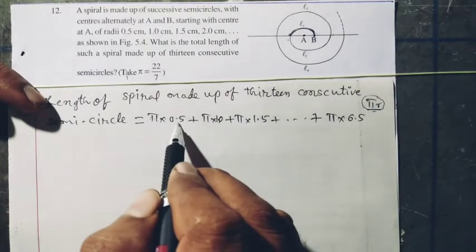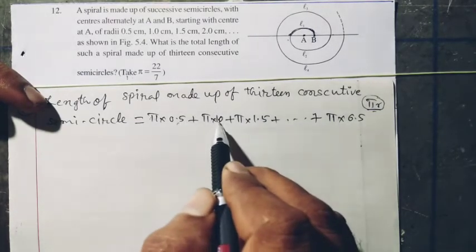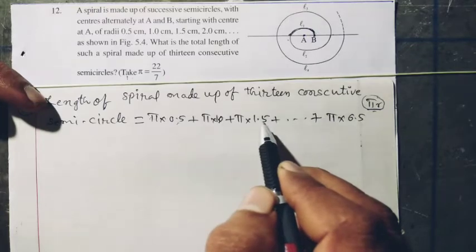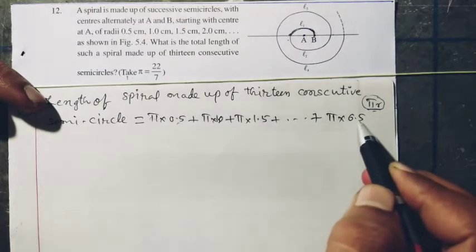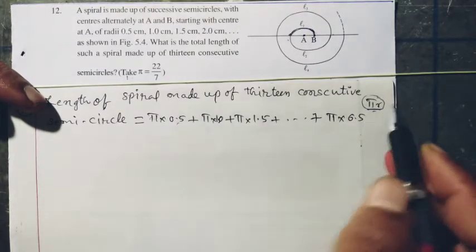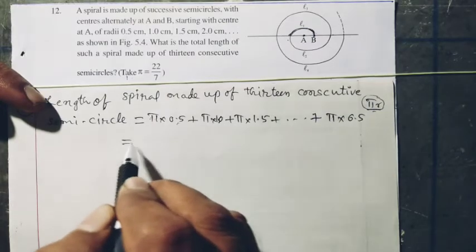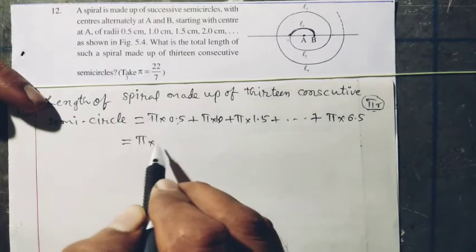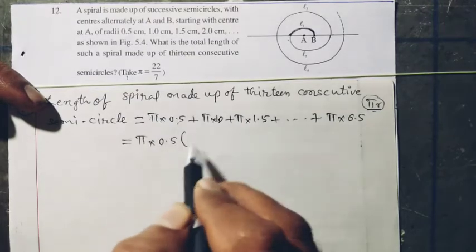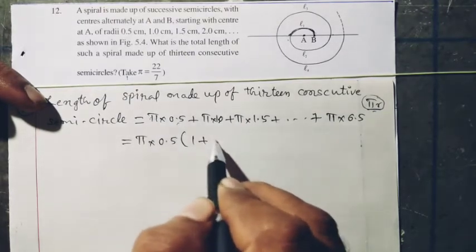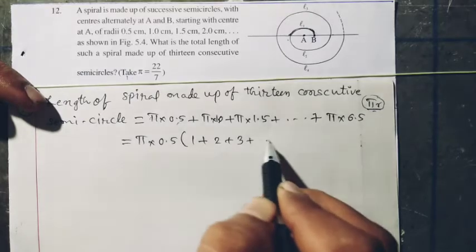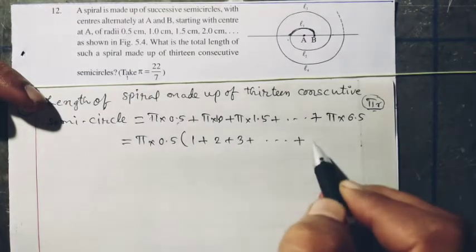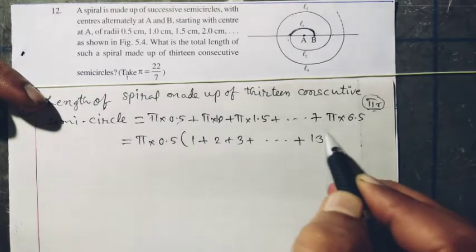First is 0.5, second is 1, third is 1.5, 13th is 6.5, like this. If we take pi into 0.5 as common, we get 1, 2, 3 and so on, 13 is the last term.